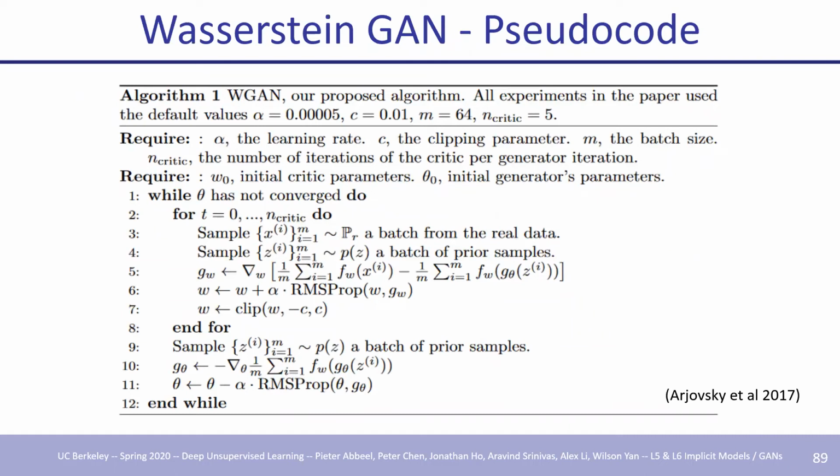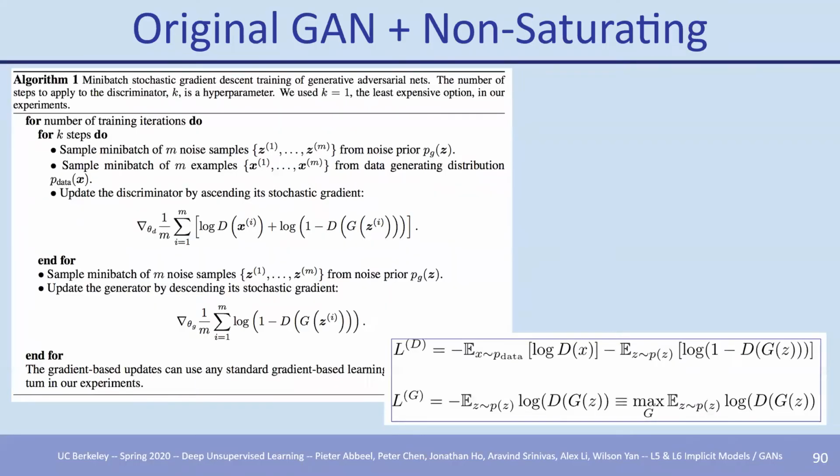Okay, so let's look at the Wasserstein GAN pseudocode. So I have the original GAN here. So look at how we did it. This is the part where we are training the discriminator first. We sample M noise samples and generate M examples, and then we update the discriminator using log of D plus log of 1 minus D of G of Z. So that's the standard.